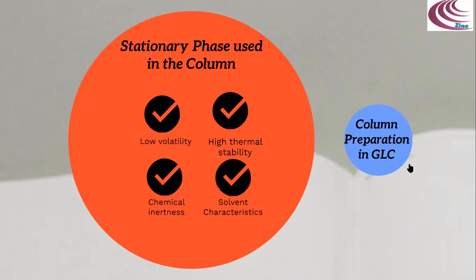After the column has been packed, it is bent or coiled into an appropriate shape so that it can be fitted in the compact space of the oven of the gas chromatograph. A properly prepared column may be employed for the separation of compounds from several samples.